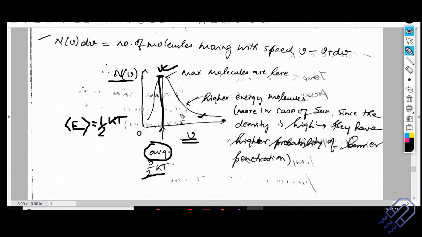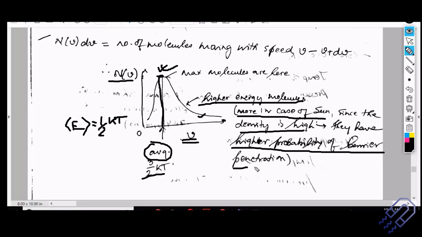Okay, but then there are certain molecules which will have higher energy. Okay, so that is also possible. So the sun is basically a very dense system. So this happens more in the case of the sun, since the density is very high. Okay, so if we have more higher energy molecules, there is also a chance that the probability of barrier penetration will be more. Okay, higher probability of barrier penetration.